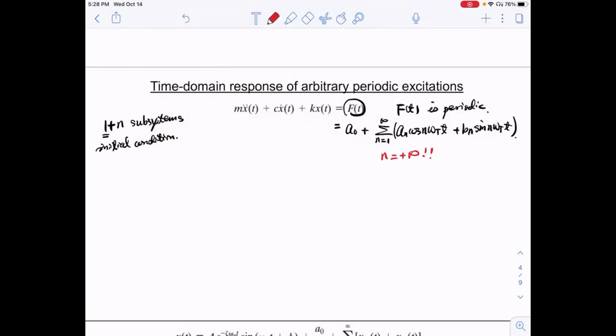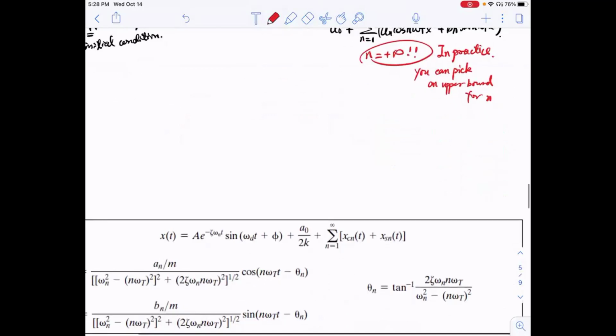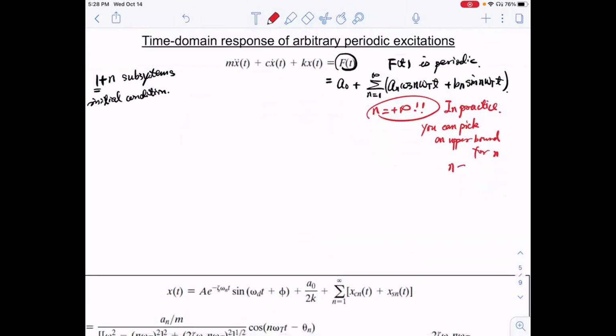So that's why, in practice, you can pick an upper bound for n. Like in the homework, I assume n is smaller than 10, or you can try n smaller than 20. And then you can compare, and the difference is really small.